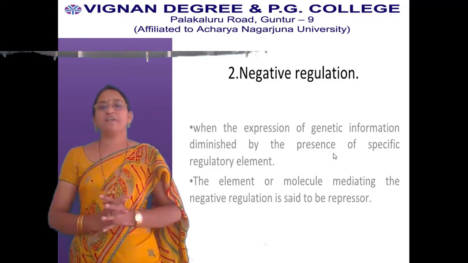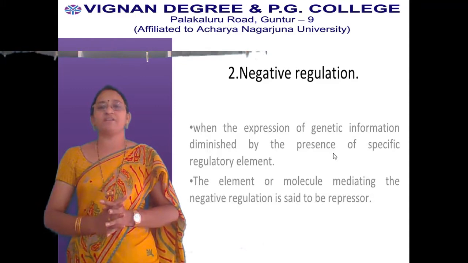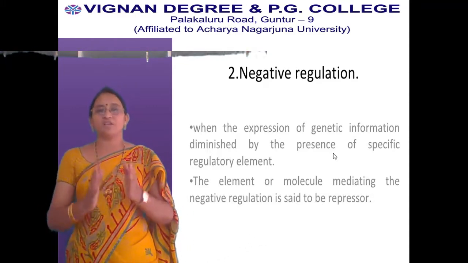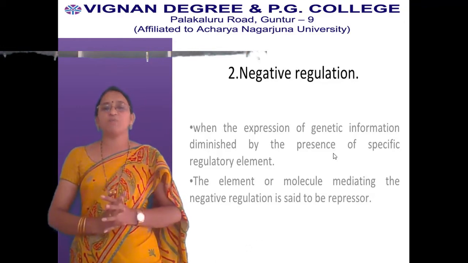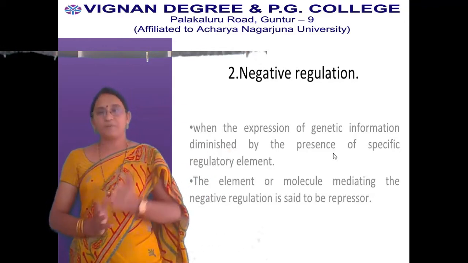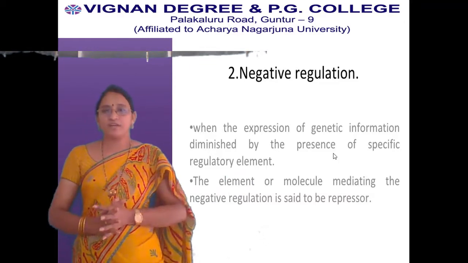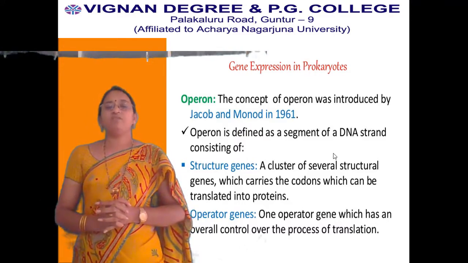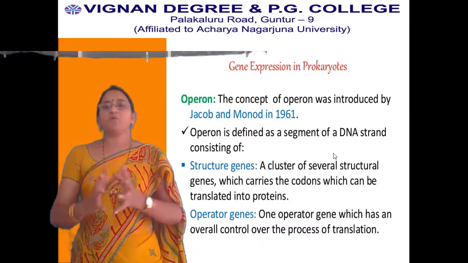Such elements are called negative regulatory elements, and the regulation is called negative regulation. The molecules are known as repressors. So activators produce positive regulation, and repressors produce negative regulation.